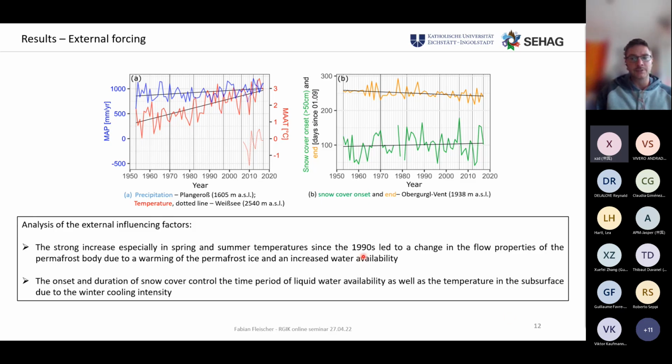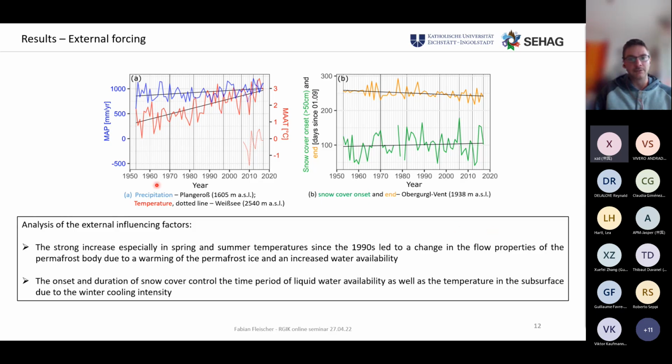On these two plots, you can see the annual precipitation, the mean annual air temperature, and on this one, the snow cover onset and end. And these are analyzed for stations that are nearby the catchments.